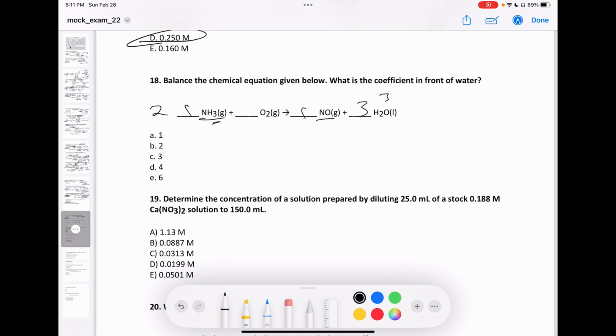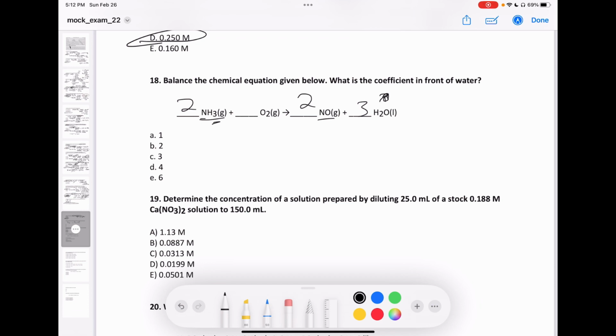So then you can put a 3 here, and then we can replace this with a 2, and we can still see if everything matches up. We have 2 nitrogens, 3 nitrogens. That doesn't add up anymore. So then you can replace this with a 2. So then now we have 2 nitrogens on both sides. We have 6 hydrogens on both sides.